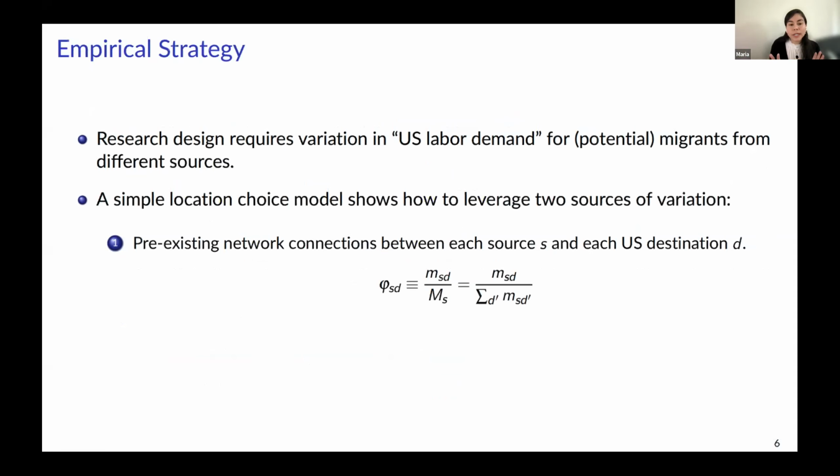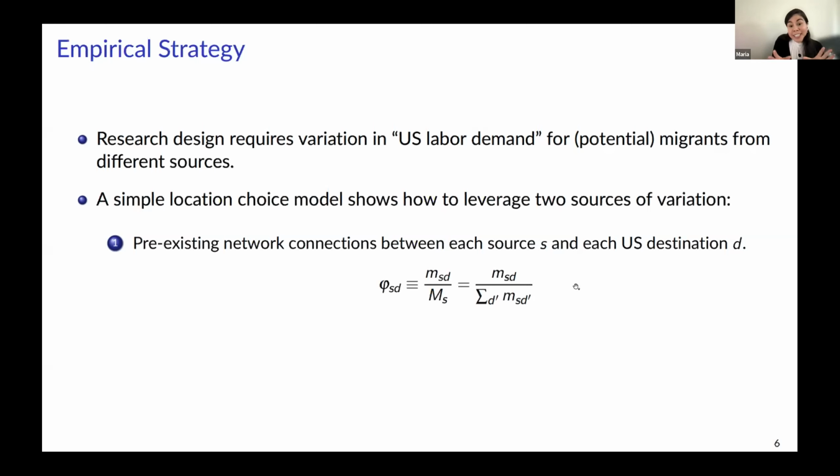The first source of variation that we use is this network connection between each source in Mexico and each destination in the US. And the way that we measure that network is just the share of migrants from each specific region in Mexico living in each US destination.